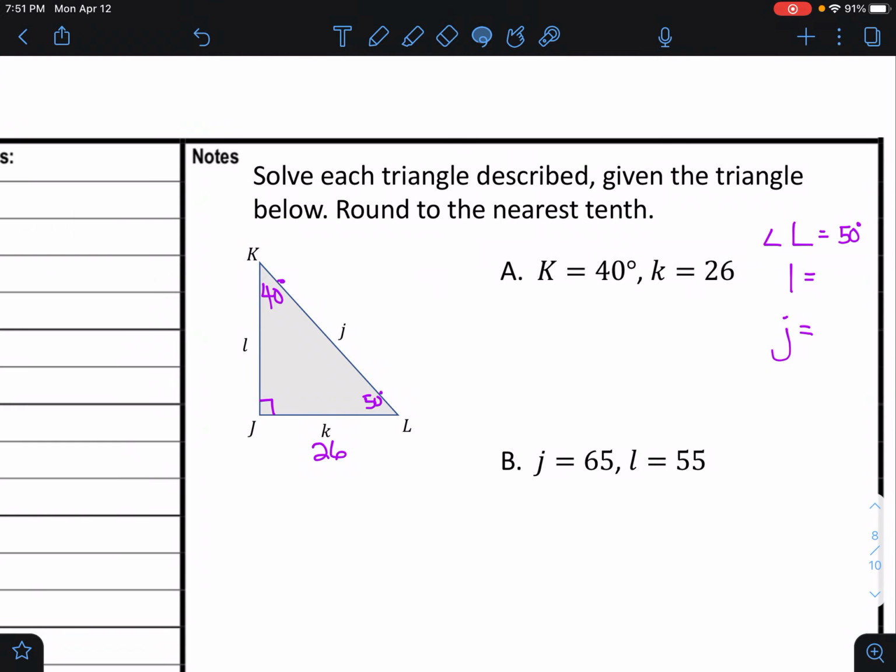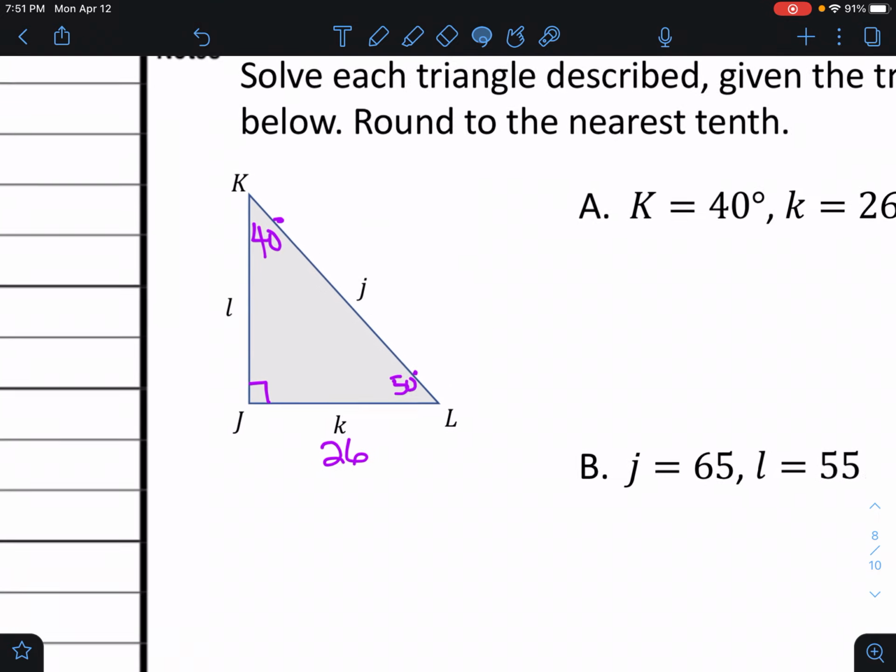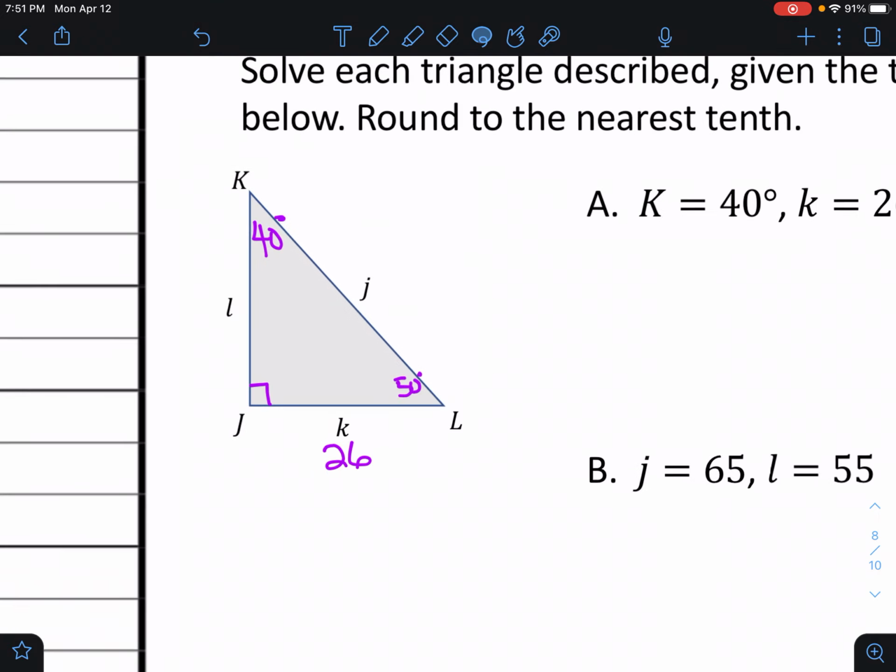Okay, here we go. I said tangent of 40 degrees is equal to the opposite side, 26, over the adjacent side, which is L. We need to multiply by L on both sides.